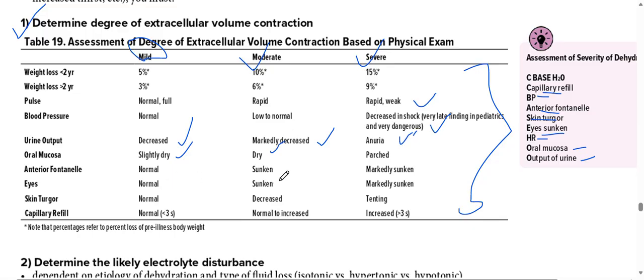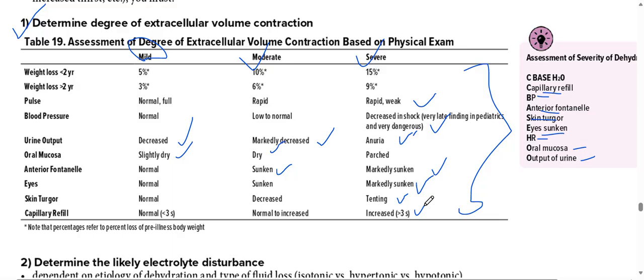Then the anterior fontanelle is sunken in moderate but markedly sunken in severe. Eyes will be markedly sunken, and skin turgor is going to be tenting in severe, and capillary refill time is increased, more than 3 seconds, in case of severe dehydration.